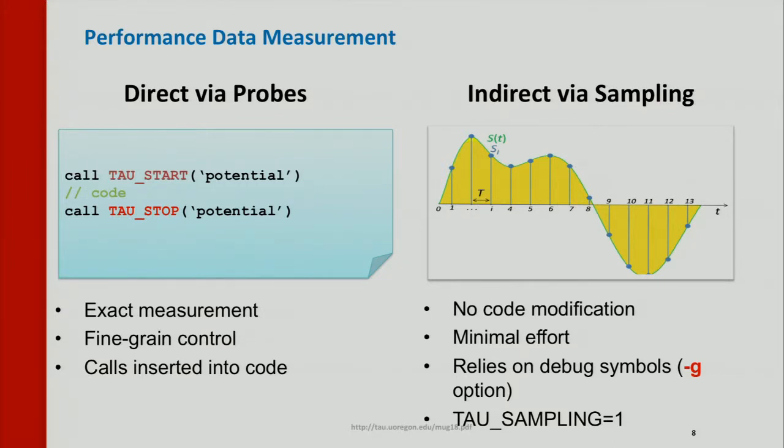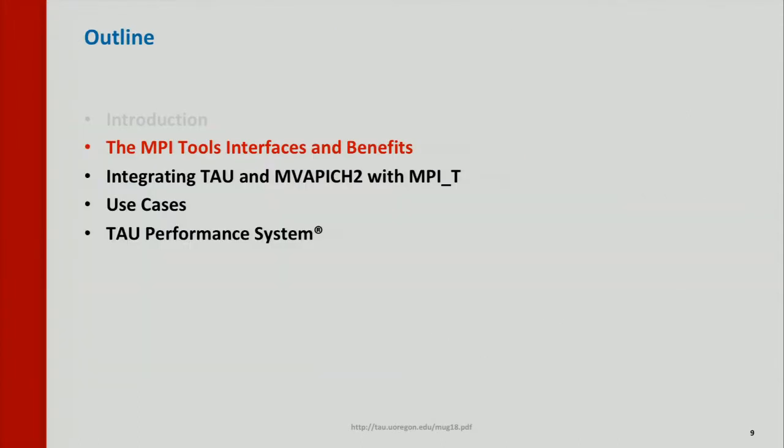You can finely control the period of interrupts. You can control which hardware performance counter is used to generate those interrupts. You can also sample the full call stack and unwind the calling stack when you receive a sample. And you can use both approaches together. So you can see the instrumentation that can be inserted in the code, as well as you can generate samples.